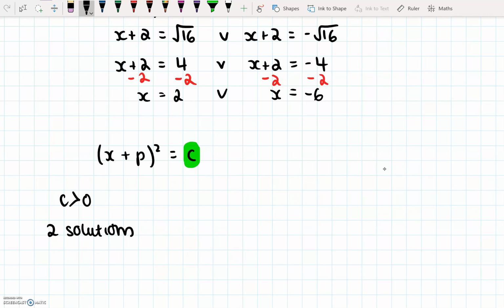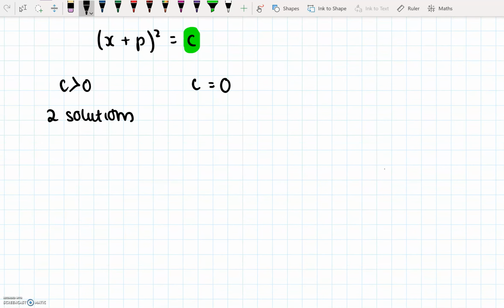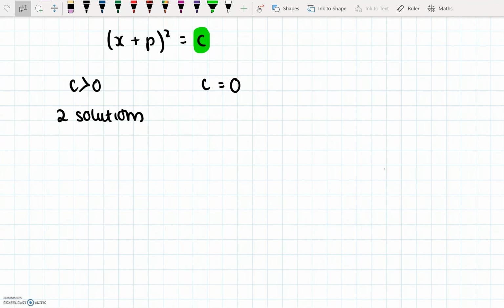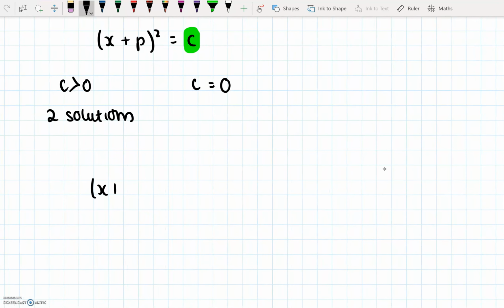Now there are some different situations we can have. If c is equal to 0, then we get something different. So let's have a look at what we get there. If we have, for example, x plus 4 squared equals 0, we can take the square root of both sides, and then we get x plus 4 equals the square root of 0, or the negative square root of 0.